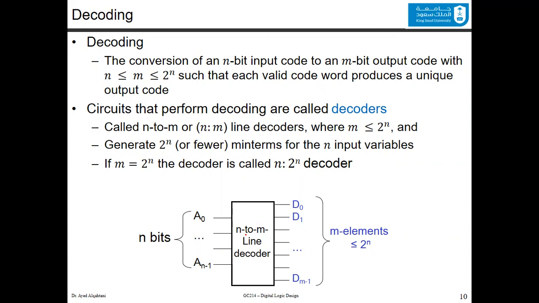This decoder is converting from n inputs to m outputs. These m outputs are less than or equal to 2 to the power of n. And the name of the decoder, usually we write it inside the box of the decoder, n to m line decoder, or we write it as n colon m.